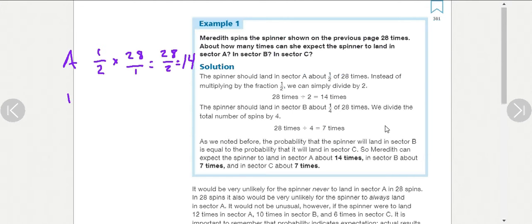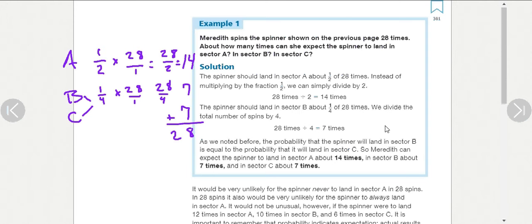Now sector B, we said, was about a fourth the size. So this is going to go for C as well, right? These each have a fourth of 28's likelihood. So 28 divided by 4 is 7. Double check that this is right. Add them up. 7 plus 7 plus 14.